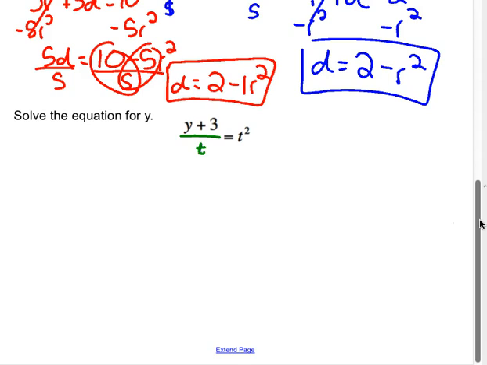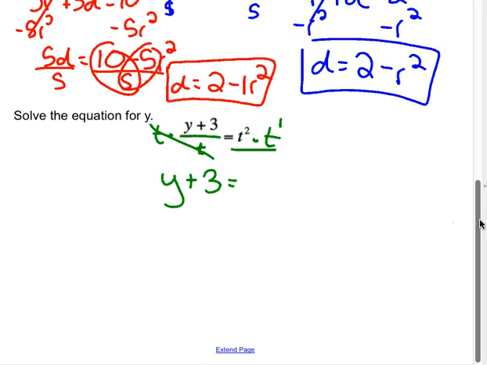So let's multiply both sides by t. When I do that, I get y plus 3 over here. Now over here, we're going to have to remember our rules of exponents. So t squared times t to the first. Remember, when you're multiplying, you add exponents.